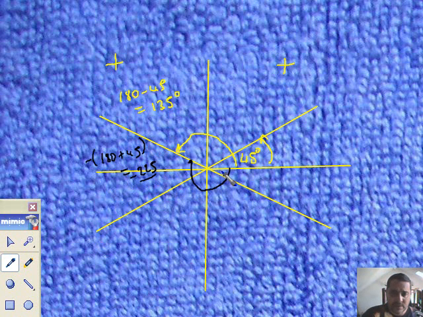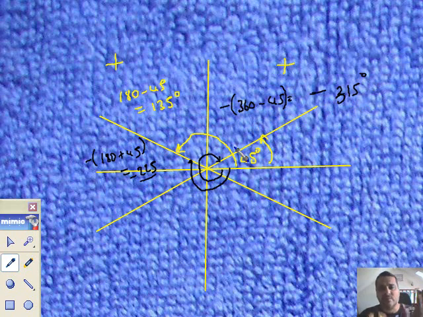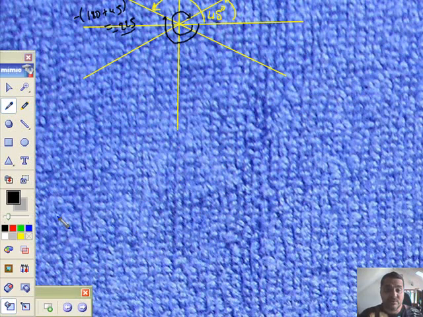Now the last solution is going anti-clockwise all the way around here and stop. We've now hit the 45 degree line, so essentially we're going to go 360 take away the 45, which is negative 315 degrees. So it's minus 315 degrees, and the calculation is also minus, bracket, 360 minus 45, minus 315.